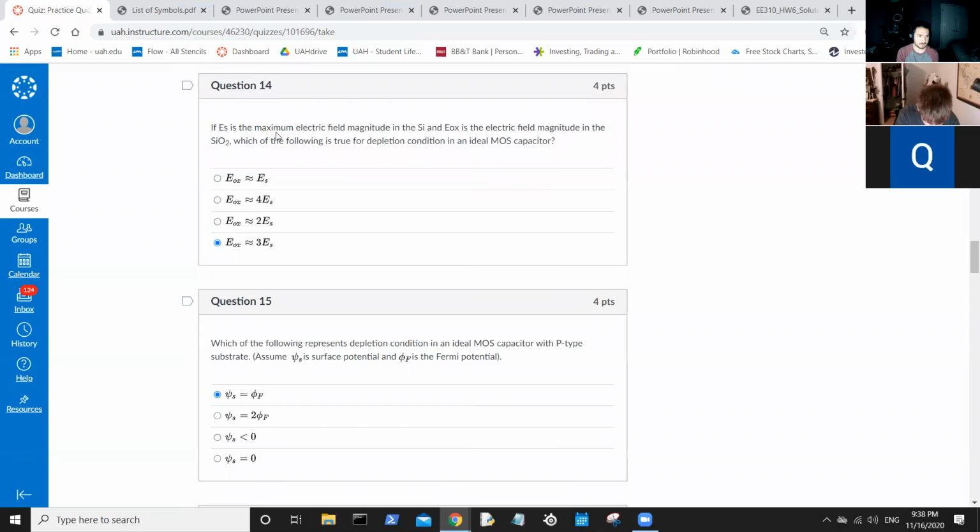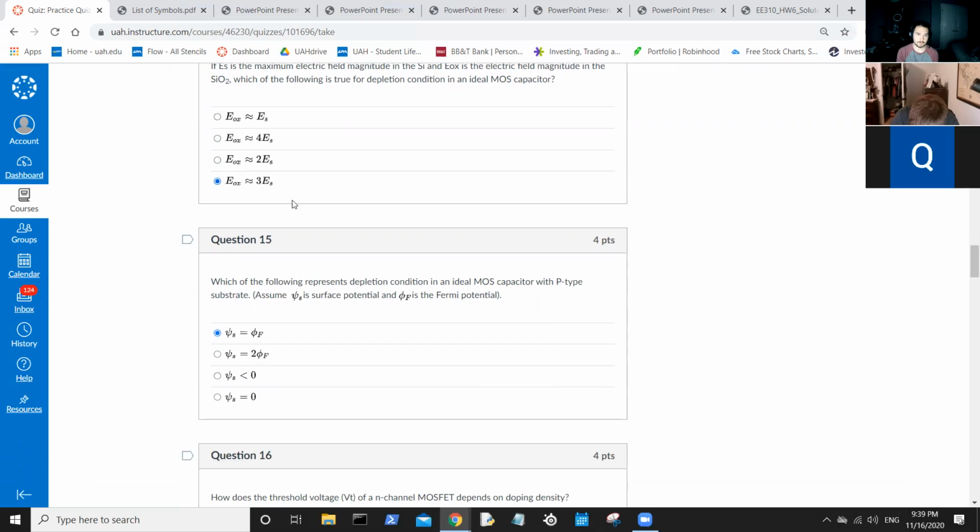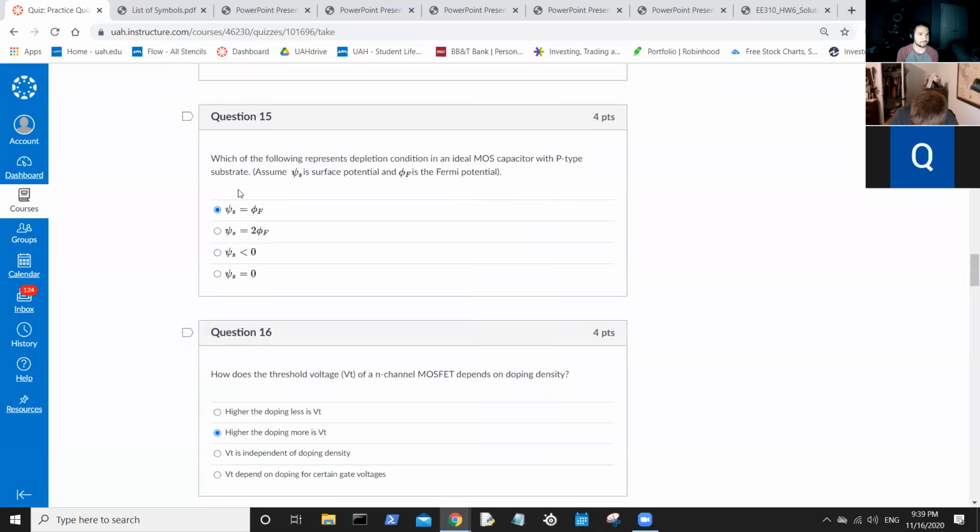Question 14, if ES is the maximum electric field in the silicon and EOX is the electric field magnitude in the silicon dioxide, which of the following is true for the depletion condition? This is another memorization thing from one of his previous slides. It's just approximately 3 times. And then this is another thing that's going to be a memorization of conditions, and it's just equal to the Fermi potential.